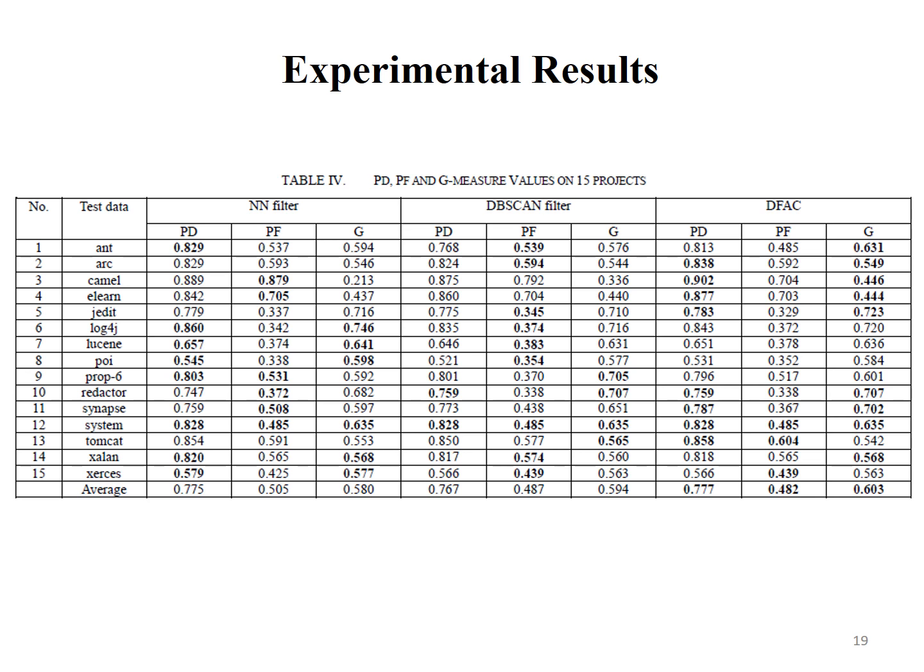In total, DFAC has an acceptable PF value and can obtain a better PD value in most experiments we conducted, and it almost always achieves higher G measure values than other data filtering methods. In other words, the DFAC approach outperforms other methods, so it can be an effective data filtering method.